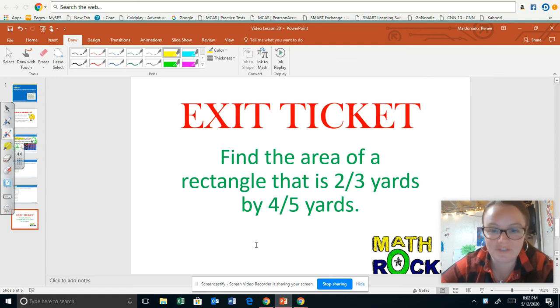It says, find the area of a rectangle that is 2/3 yards by 4/5 yards. Okay, so find the area, pause the video, and when you're done, come back and I will show you the answer.